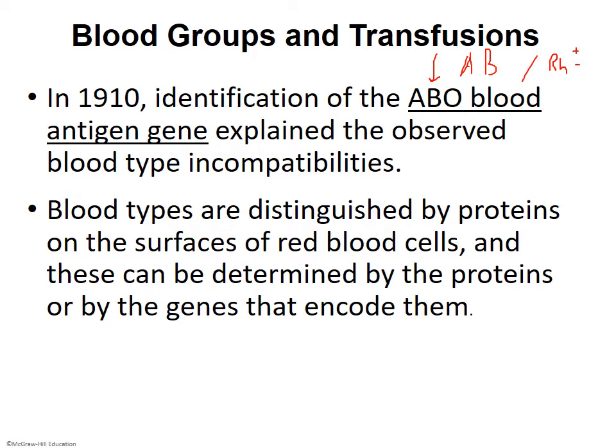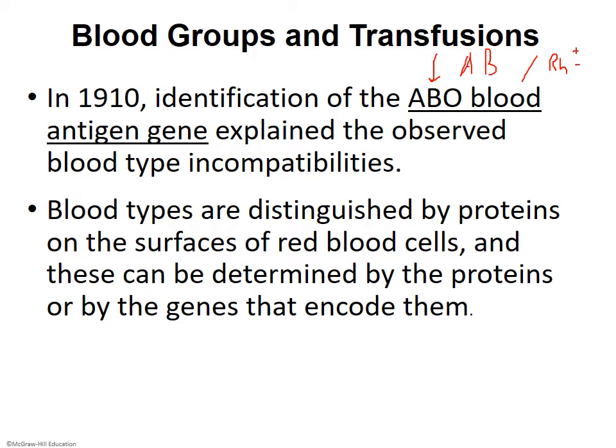They learned really quickly that blood can't really be mixed. There are certain blood types that will basically attack each other. They started looking into it and realized that it's these proteins on the cell surface.